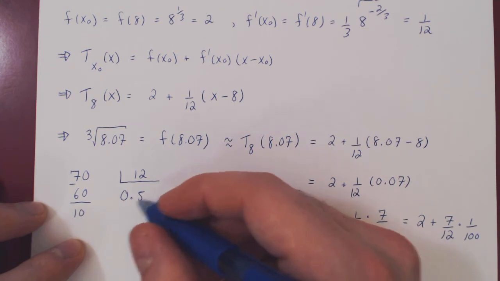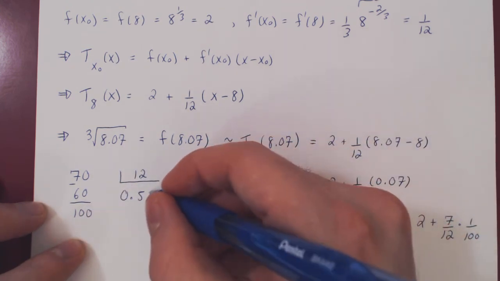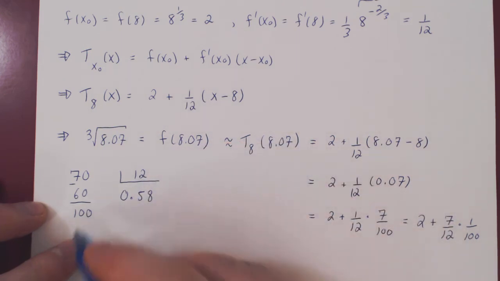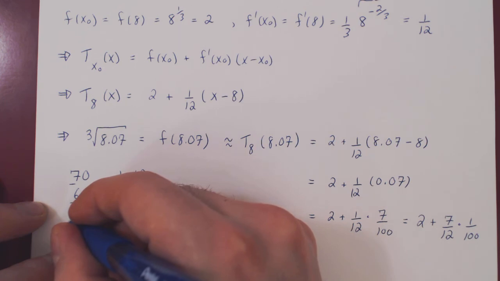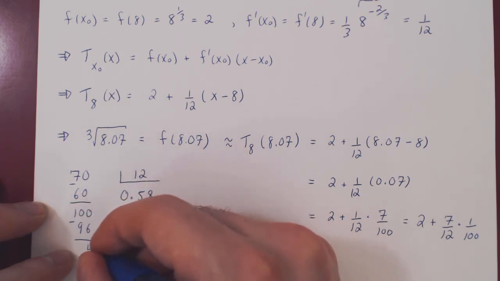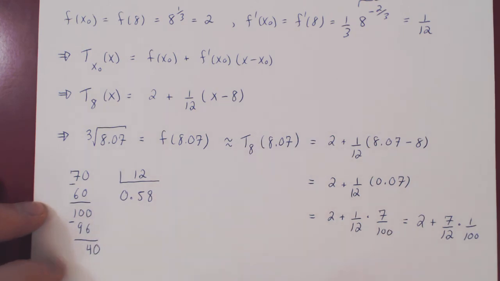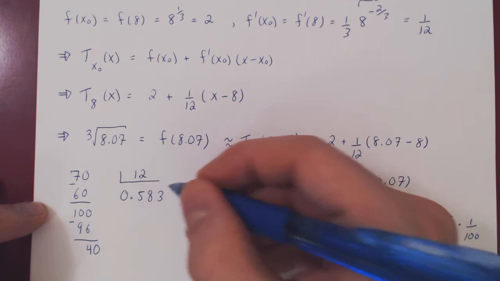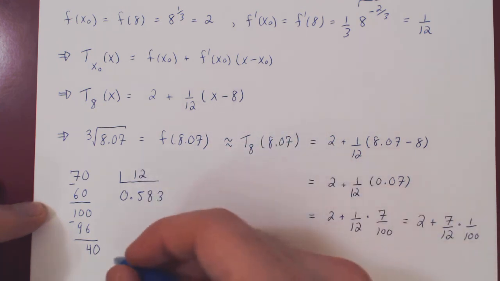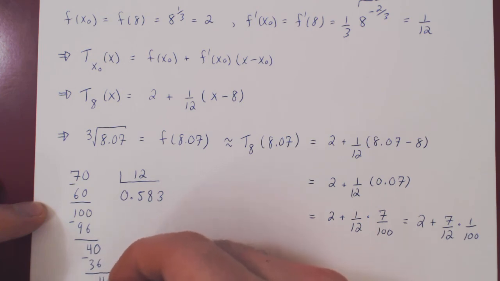We're moving to the next decimal place, so times 10 is 100. Now 8 times 12 is 96, so we can fit 12 into 100 8 times. 8 times 12, 96. We subtract, we get 4. Again, we're moving to the next decimal place, which is giving us 40. We can fit 12 into 40 3 times. 3 times 12 is 36. We subtract, we get 4 times 10, 40.